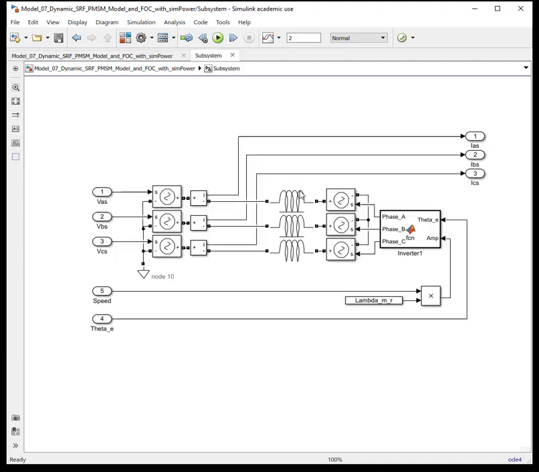And once we go inside this, you'll see that we have a couple of different elements being used. This is a controlled voltage source, which is acting as our inverter in this case. It's a linear inverter that we are representing, with no switching, so you don't see any PWM in this case.